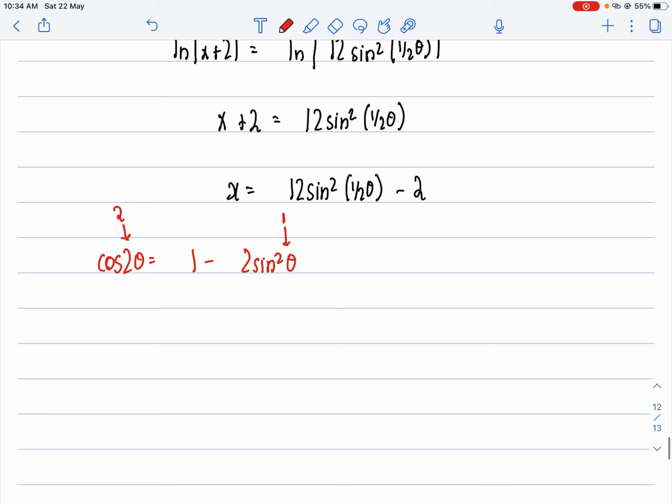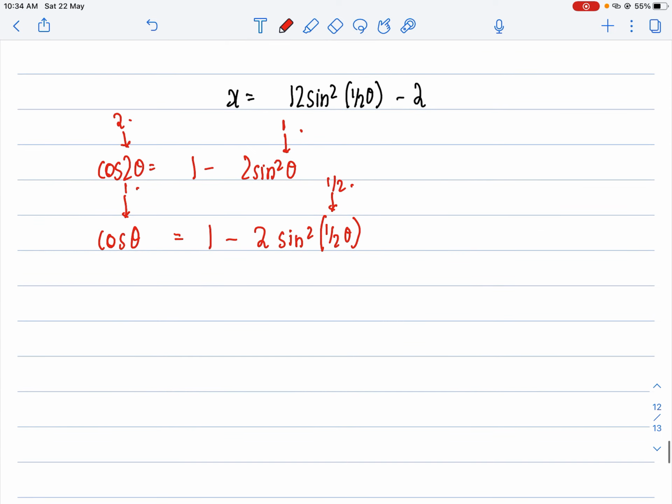So now I can say cos theta equals 1 minus 2 sine square half theta, because when this was 1, this becomes half, so even here it will become the half, correct? Basic conversion, we must have done this in the concept.